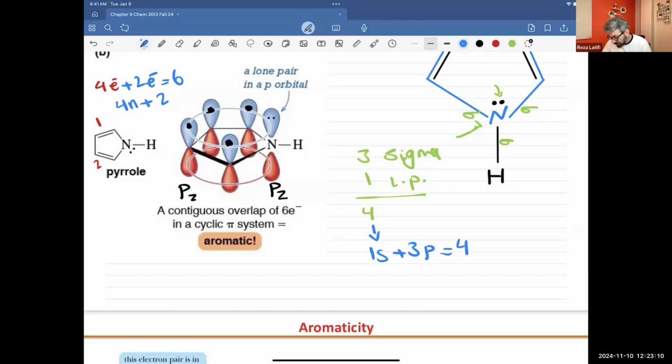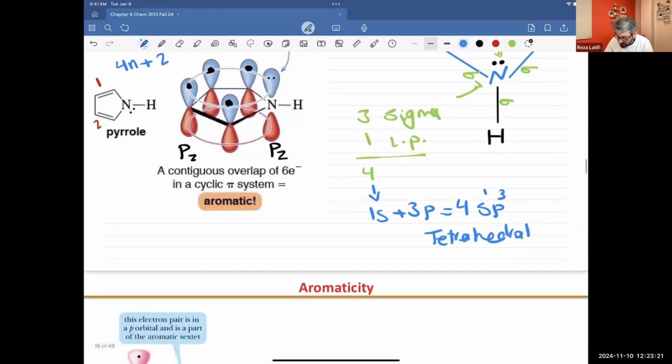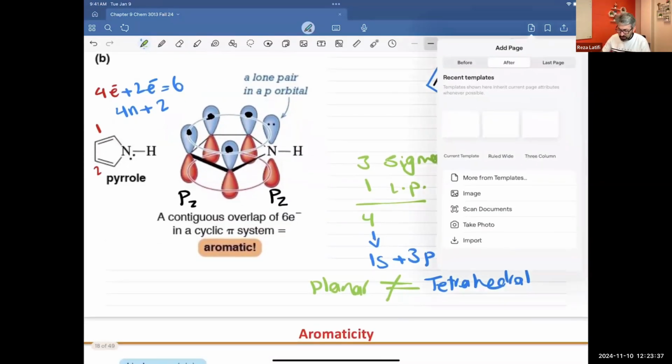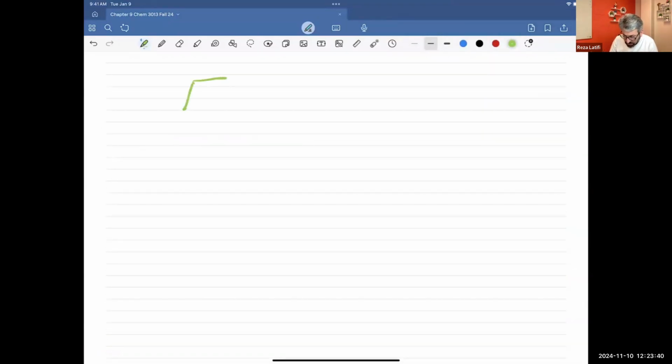We get 4 sp3. If you get sp3, that's going to be tetrahedral, and tetrahedral is not planar. If it's not planar, your molecule will not be aromatic. So how can we make the system aromatic? The way the system is going to be aromatic, nitrogen is going to adopt this condition.